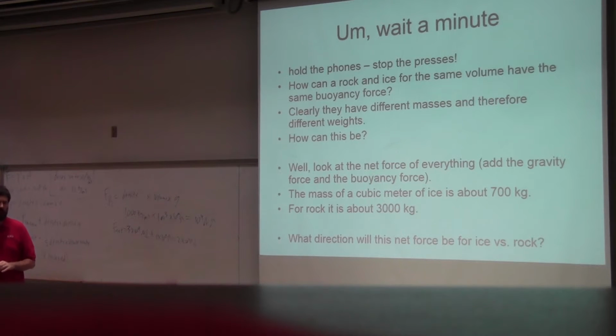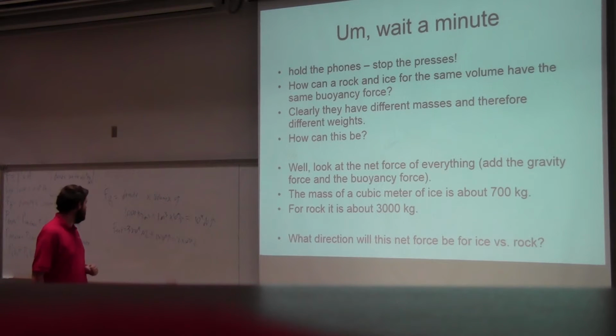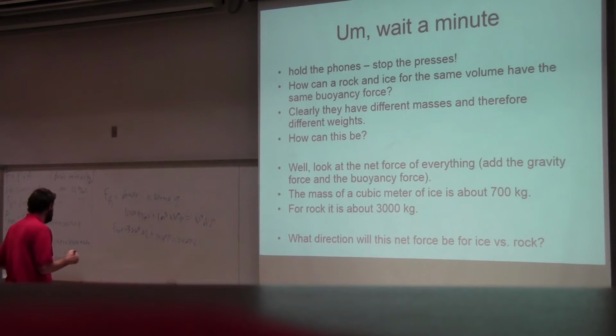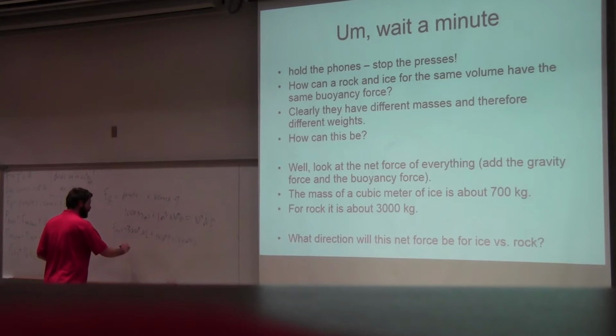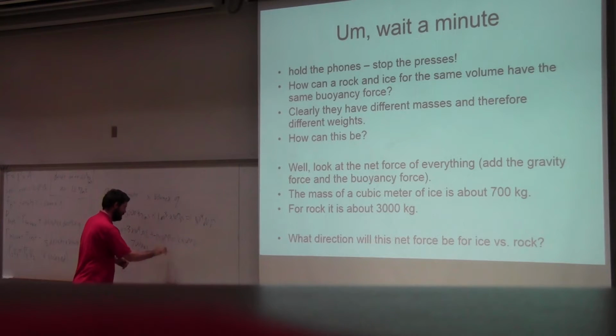Now it doesn't quite sink as fast as it would in the air because the buoyancy force slows it down a little bit, but it falls 2/3 as fast. For the ice, I had 7,000 newtons down. By the way, I had to convert it.